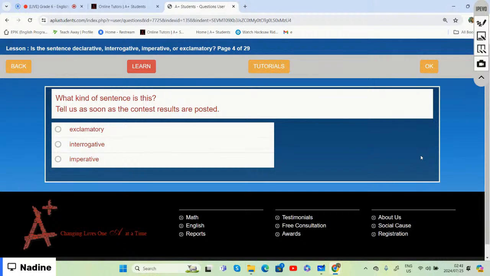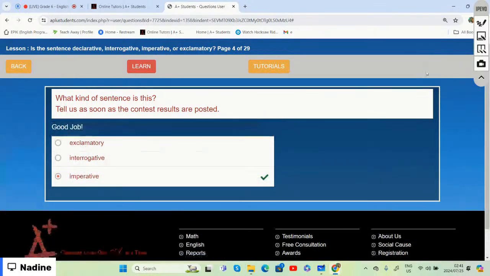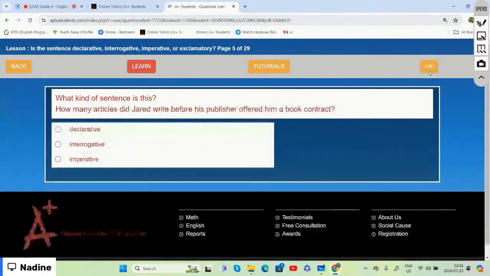It says, tell us as soon as the contest results are posted. And we can say this is an imperative because it's like somebody is telling you to tell me. All right, imperative is correct.